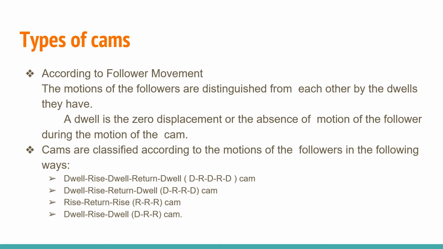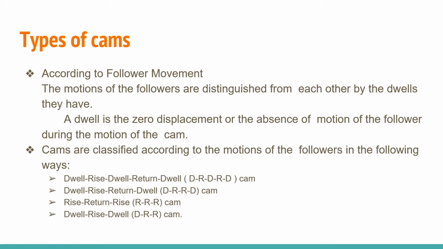Like the types of cams, there are types of followers too. According to the follower movement, the motions of the followers are distinguished from each other by the dwell they have. A dwell is a zero displacement, or absence of motion, where the follower is at rest during the motion of the cam.